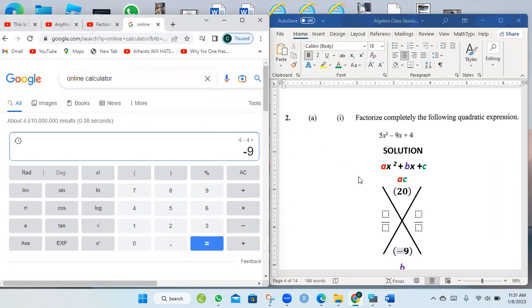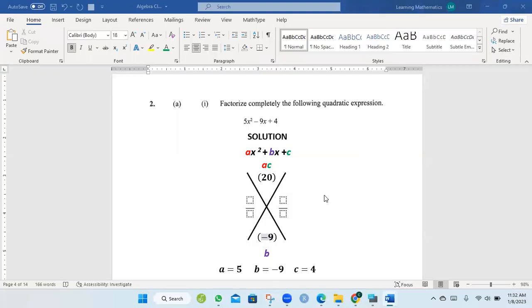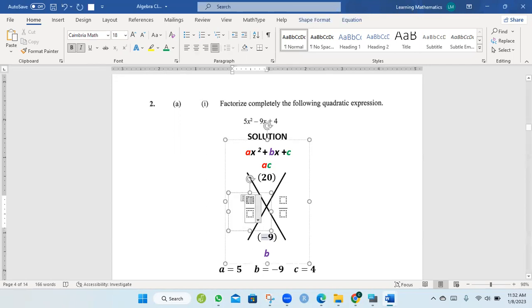So the two numbers we are looking at are negative 5 and negative 4. These two numbers will come in the numerator of these two fractions. It doesn't matter which one you put first. Since we called negative 5 first, we'll put negative 5 here, and then negative 4 here.